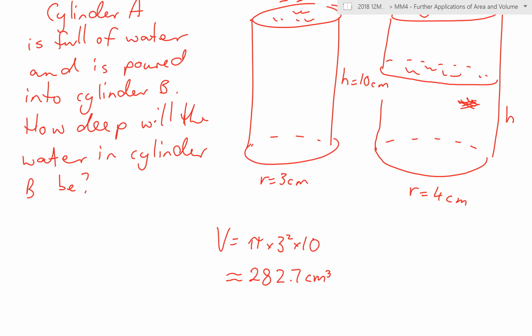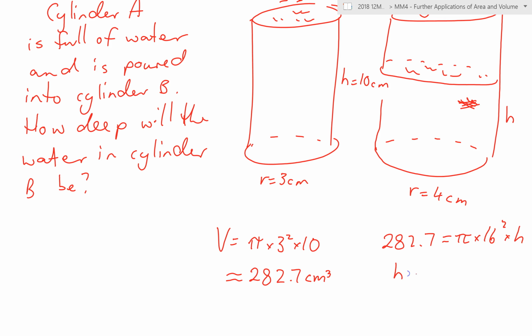Now, over here, I know that volume equals area times height. I know the volume, I don't know the height. So I'm going to say 282.7 equals pi times 4 squared times the height.